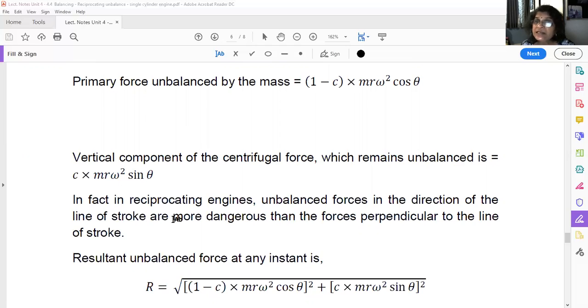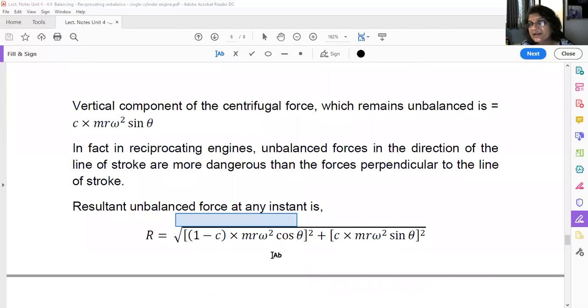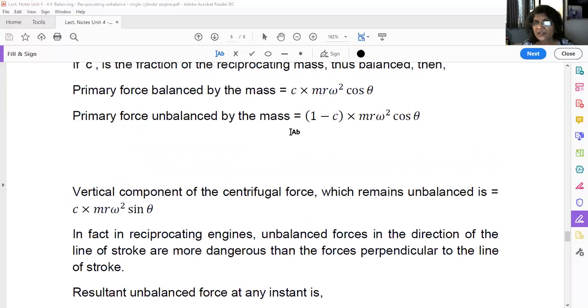So what is the resultant unbalanced force at any instant? This is the horizontal component of force which remains unbalanced, and this is the vertical component of the force which remains unbalanced. As these are perpendicular to each other, we have to take vectorial addition.